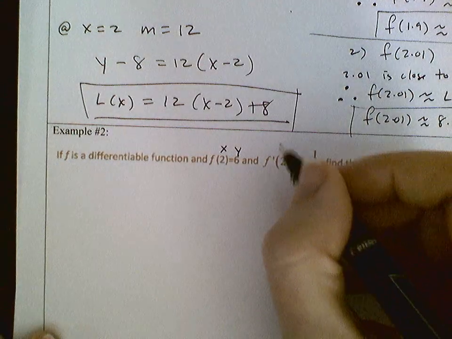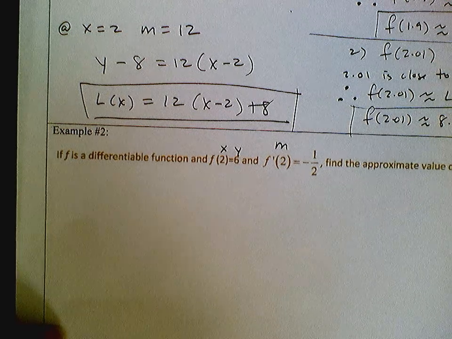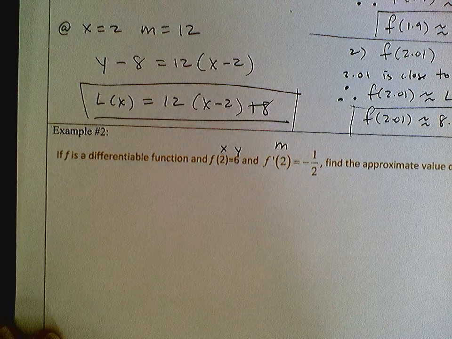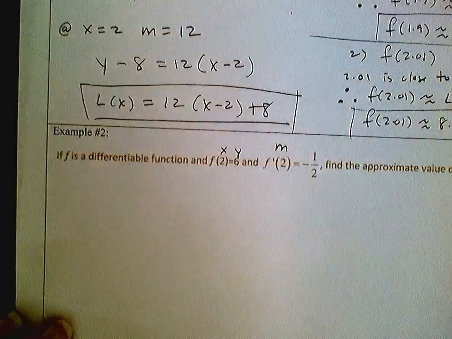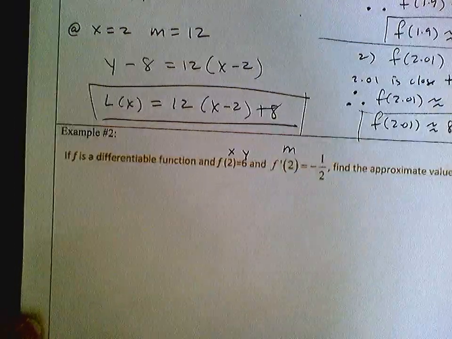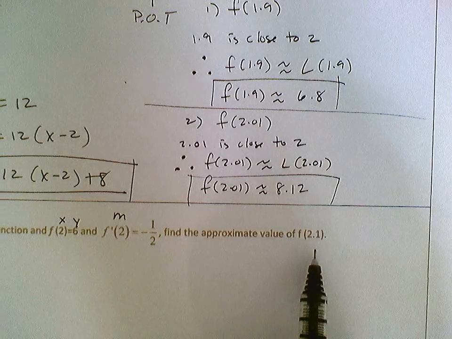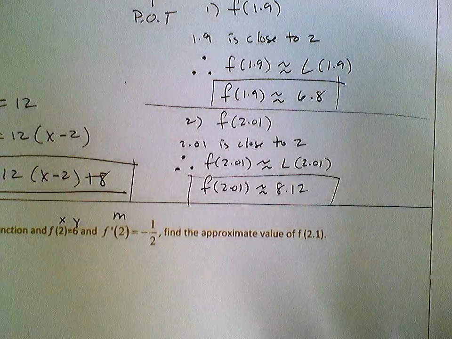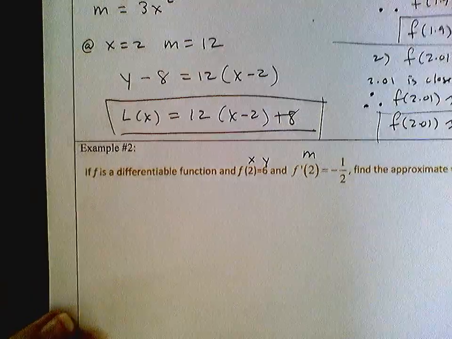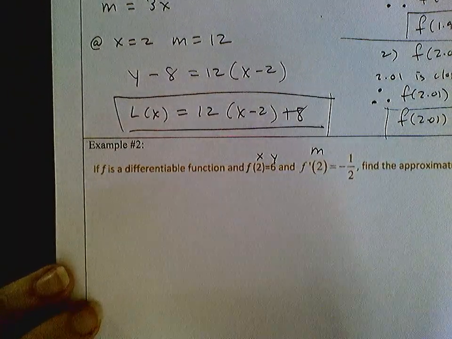And then furthermore, we know the slope of the tangent line at 2. So we can use the y minus y1 formula, all of that stuff, to find the equation of the tangent line. And then if we know the equation of the tangent line, since 2.1 is very close to 2, we could use the tangent line at 2 to approximate the value. Okay, I hope I'm being clear, guys. If I'm not, we could just talk about it in class.